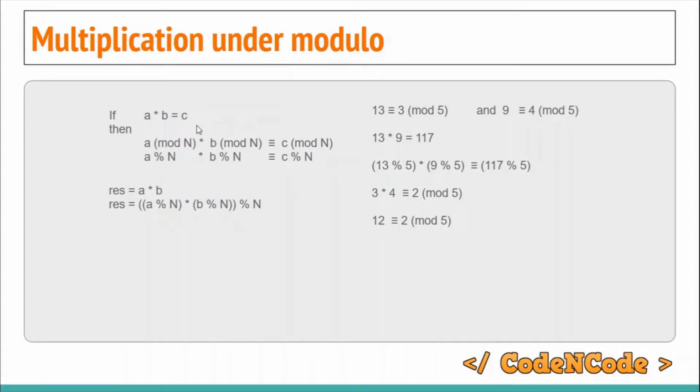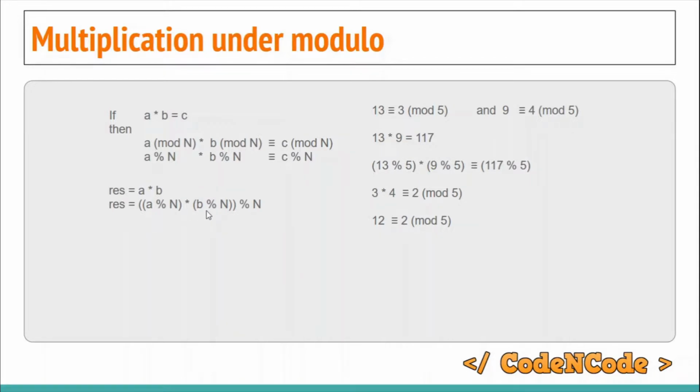If you have that equation, then instead of calculating a into b and then taking modulo of some number, what you can do is first take modulo of the first number, which initially would have been 10 to the power 10. If you take modulo of 10 to the power 9 plus 7, it would be less than 10 to the power 9.